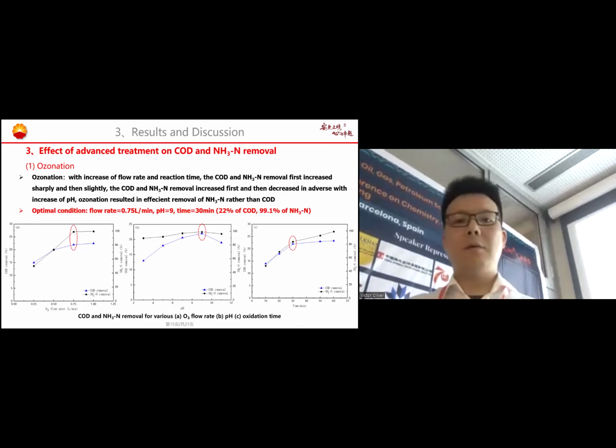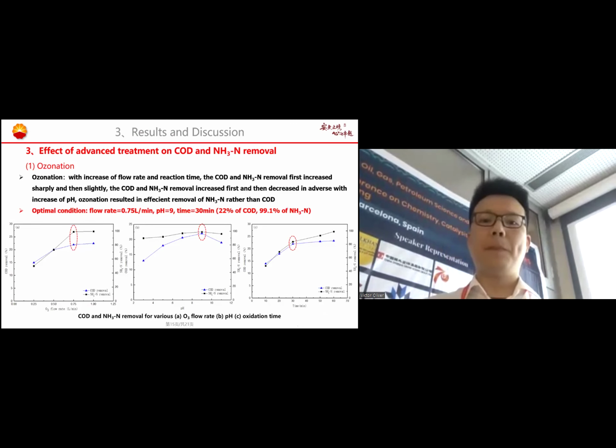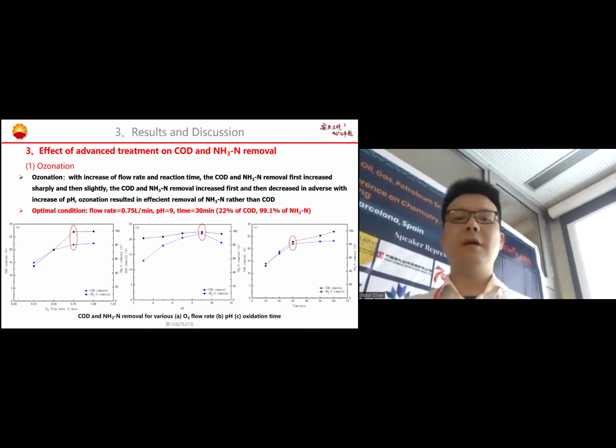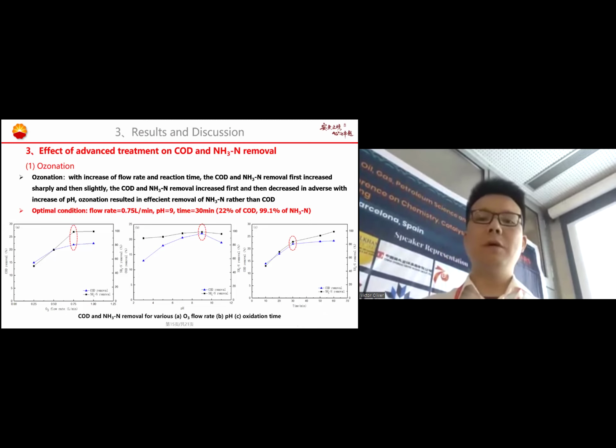The advanced treatment is another choice. The results of ozonation show that with increase of flow rate and the reaction time, the COD and ammonium nitrogen removal first increased sharply and then slightly. The COD and the ammonium nitrogen removal increased first and then decreased with increase of pH.